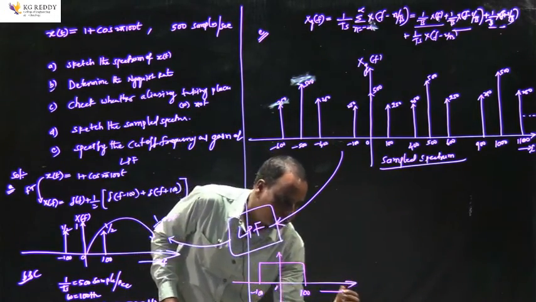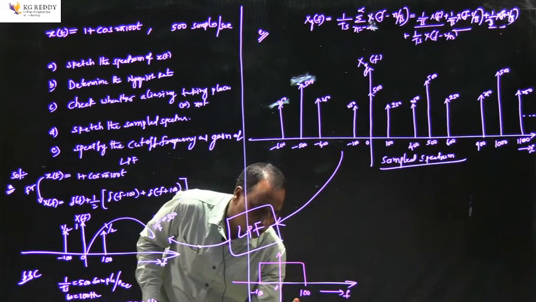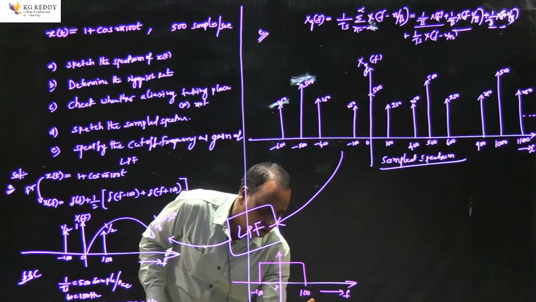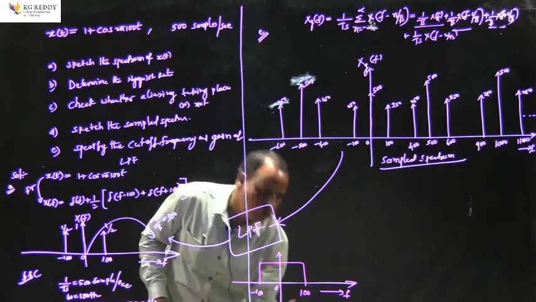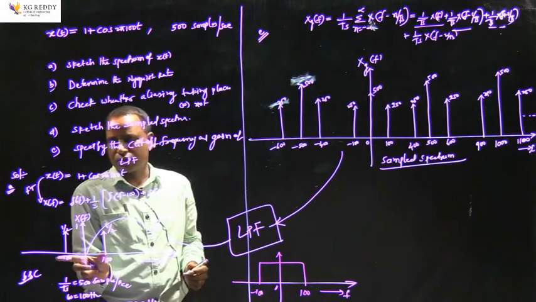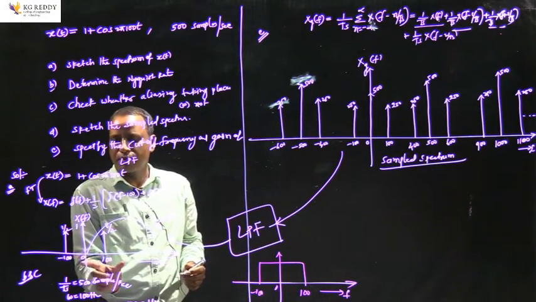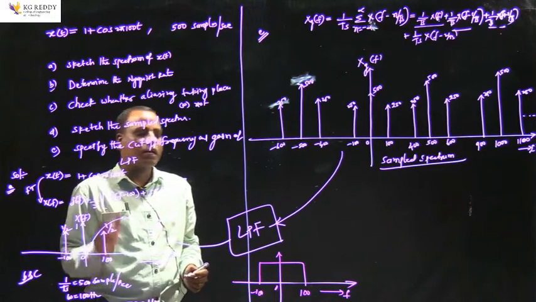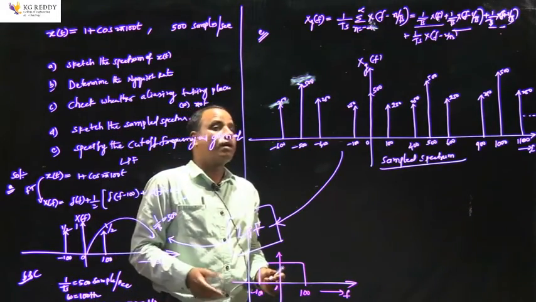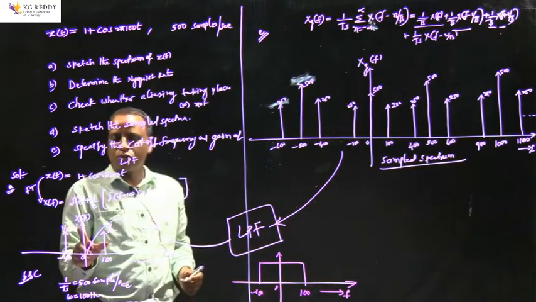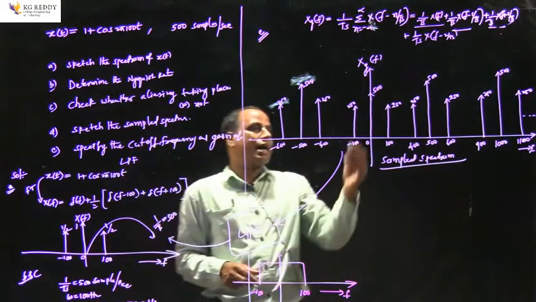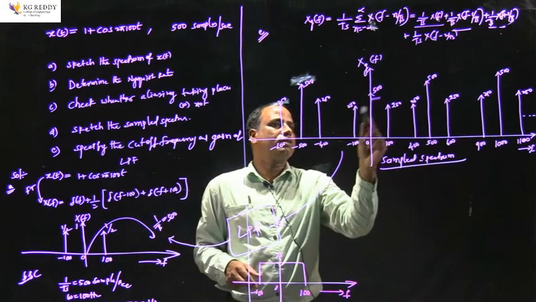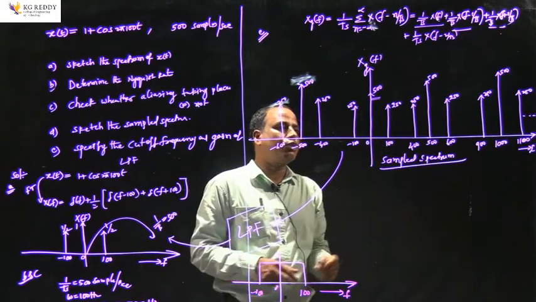With this cutoff frequency of 100 hertz, we are able to get only these particular components, minus 100 and plus 100, and in between minus 100 to plus 100, one component at the origin. But if you look at the magnitudes of this spectrum, they are 1, half and half, whereas here the magnitudes are 500, 250 and 250.